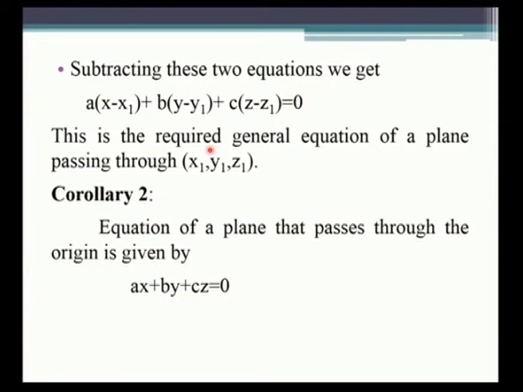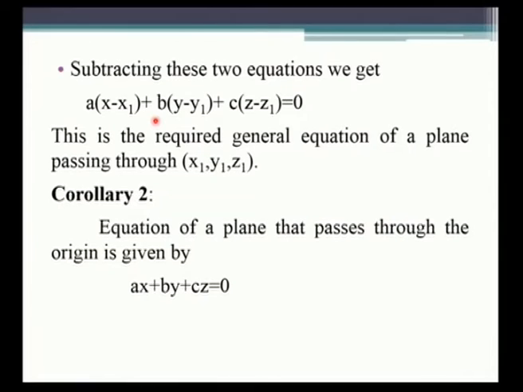This is the required general equation of a plane passing through the point x1, y1, z1. So this corollary gives us the equation of a plane passing through a point.